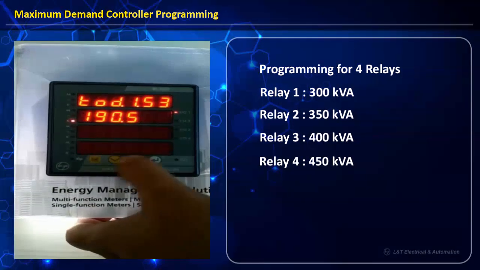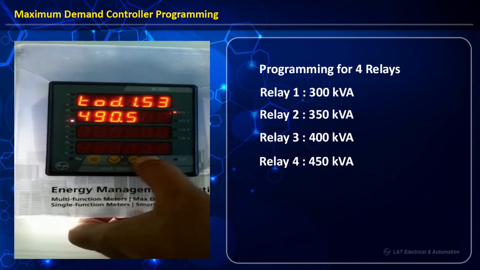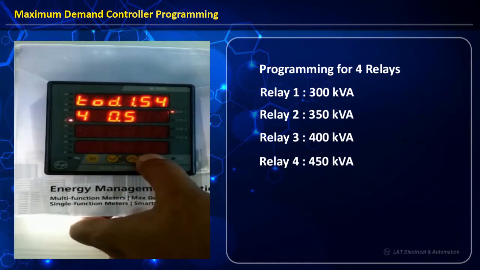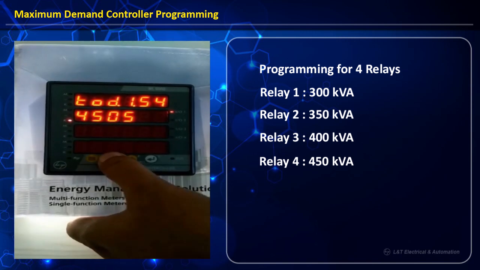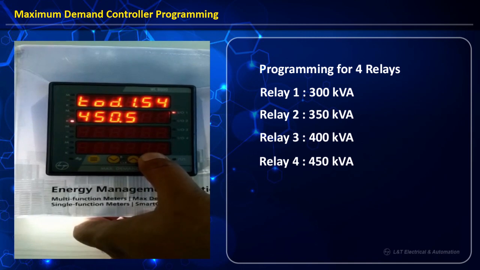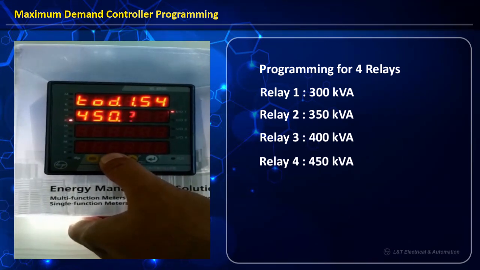Next we have TOD1 S3 for 400 kVA and relay 4 will be for 450 kVA. So depending upon whatever is the threshold value kept in these relays, the moment running demand crosses this, the corresponding relay gets activated.